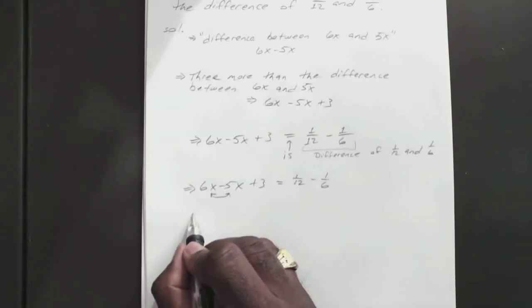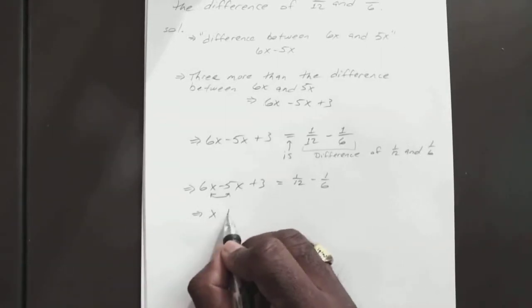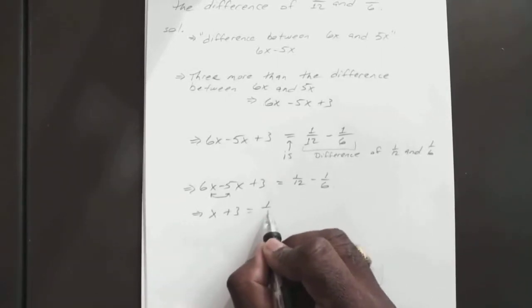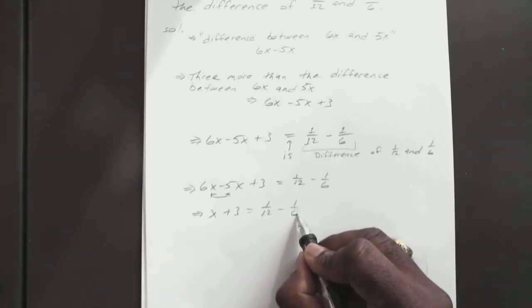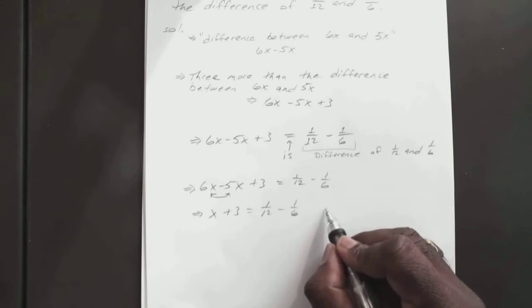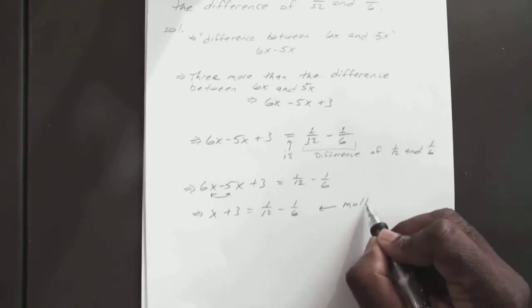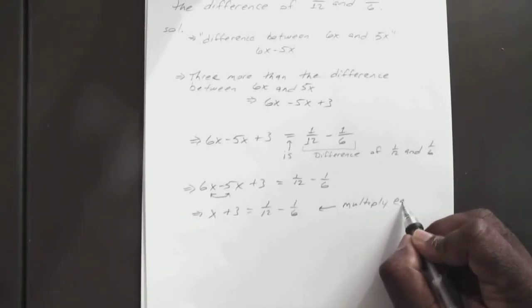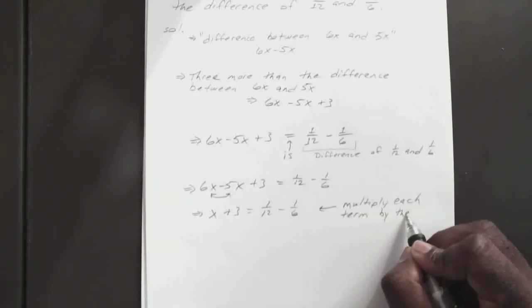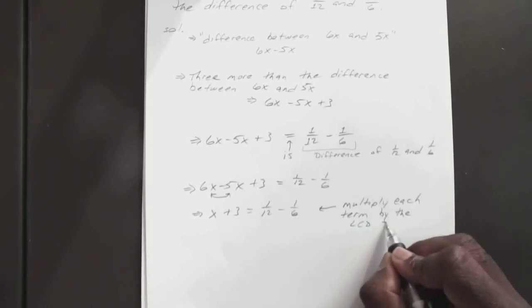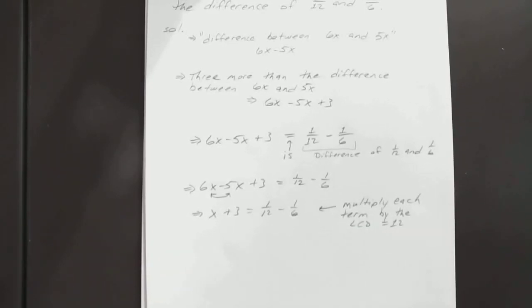But first, I'll combine those two. 6x minus 5x is just 1x. So x plus 3 equals 1/12 minus 1/6. You could multiply each term by the least common denominator, which is 12. You can just multiply 6 by 2 and make it 12, and 12 times 1 is 12, so that's the smallest number they have in common.